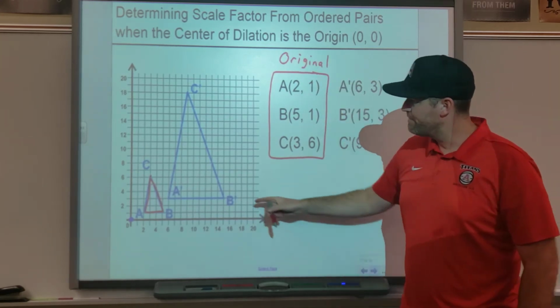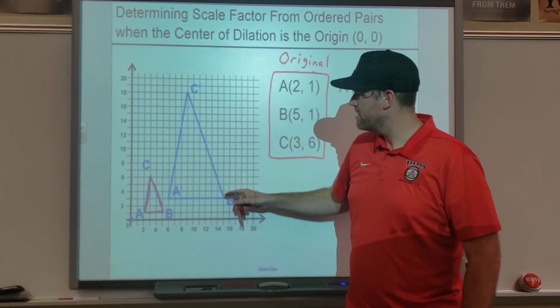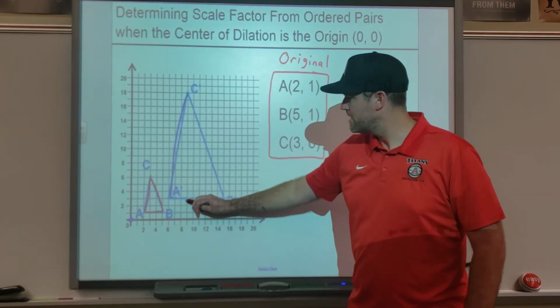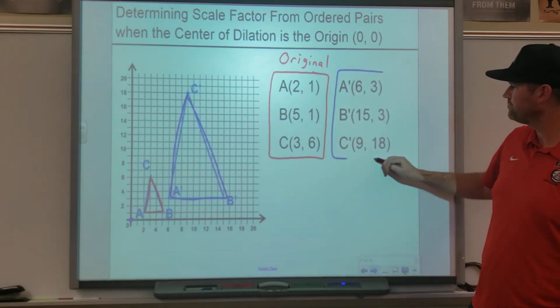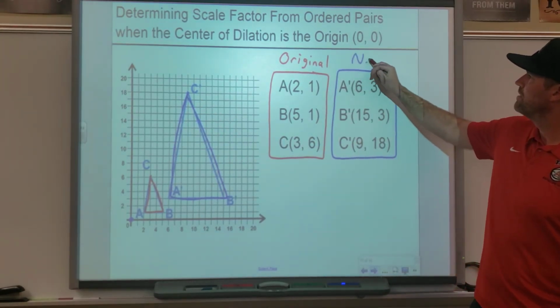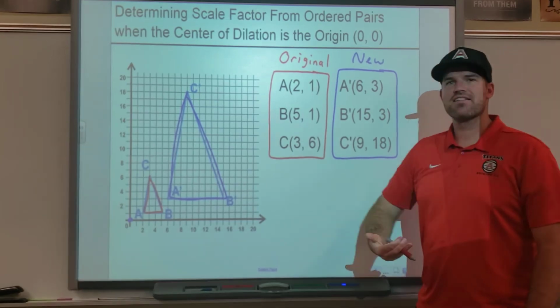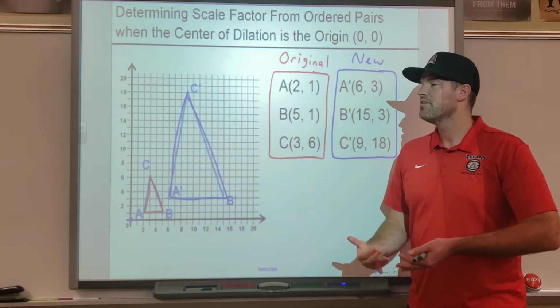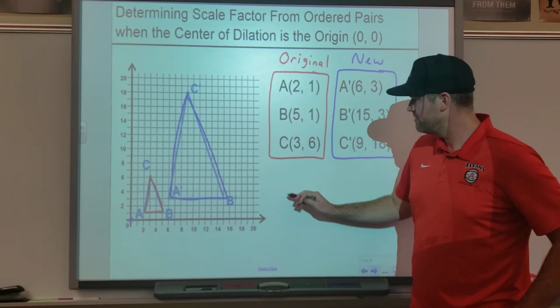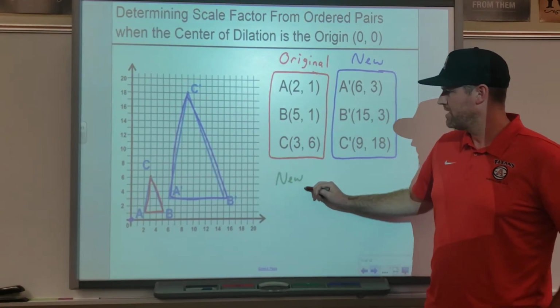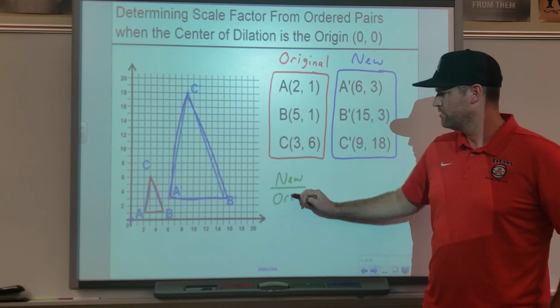And then if I find the ordered pairs of this one, and I call this my new shape or my image, I can still do the exact same thing I did with the side lengths. I can do that with the ordered pairs. I can take the new and divide it by the original.